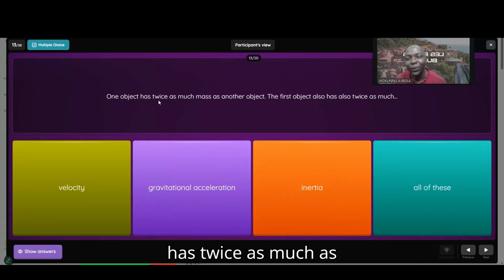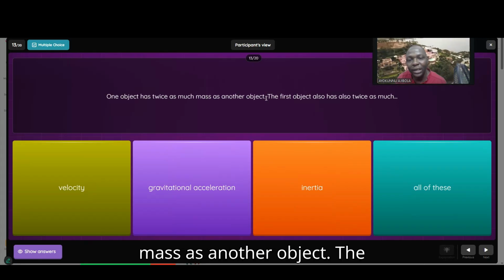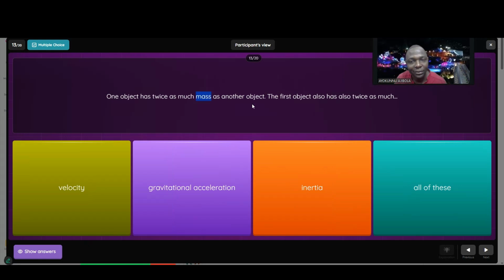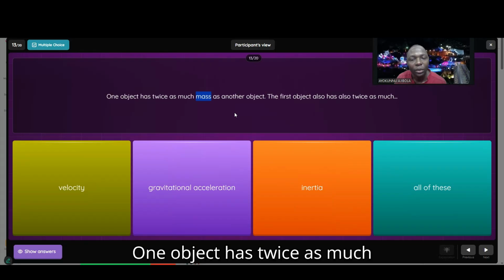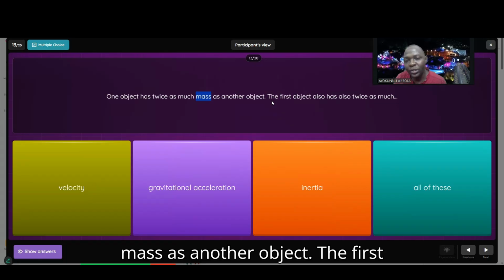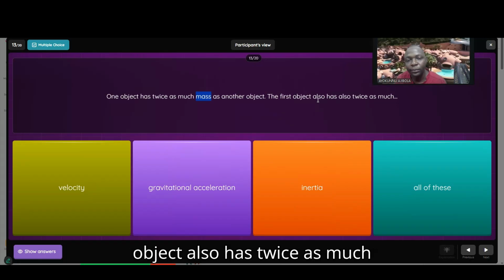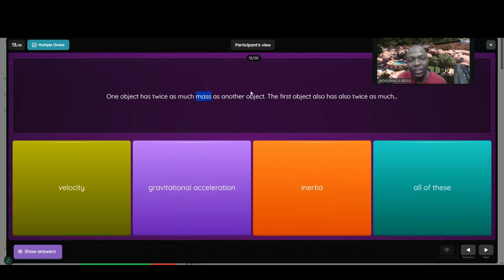Okay. One object has twice as much mass as another object. The first object also has twice as much dash.